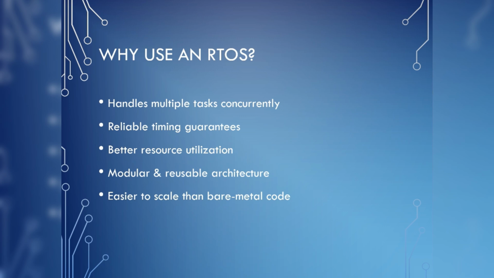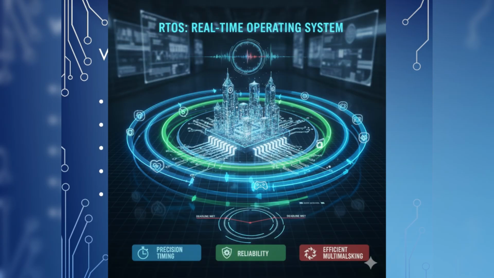That's where an RTOS comes in. Modern embedded systems don't run just one job. They read sensors, manage communication, handle user input, and take care of power management, all at the same time. And an RTOS gives you clean, predictable multitasking to handle all of that.